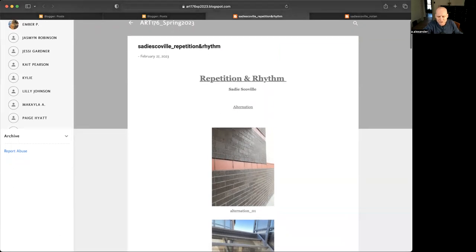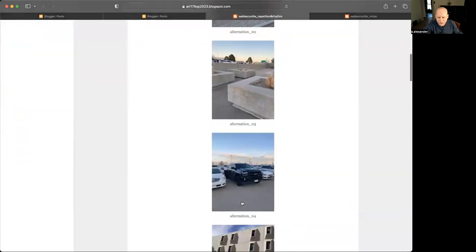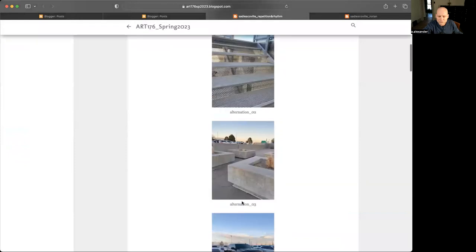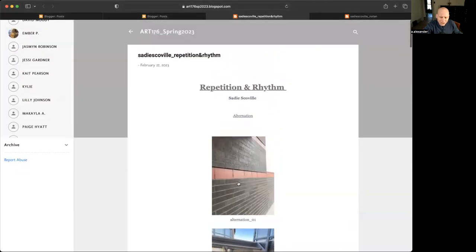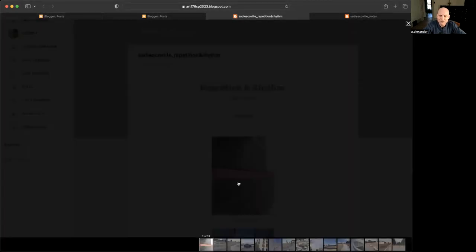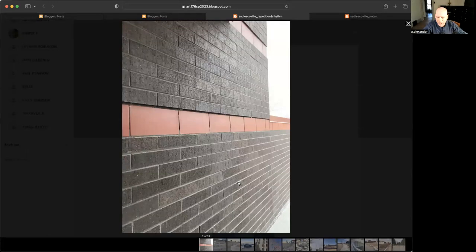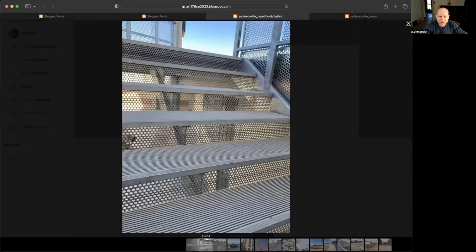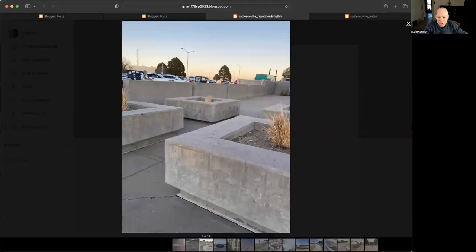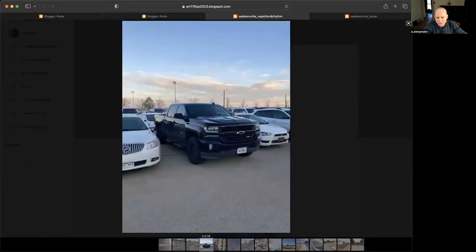Now let's look at some of these others, like alternating rhythms, the progressive rhythms, and so on. What we have here, you have identified as alternating rhythm, alternating rhythm, alternating rhythm, alternating rhythm.